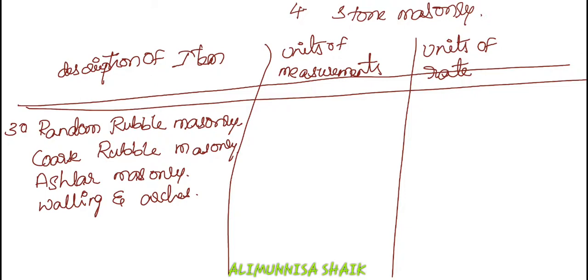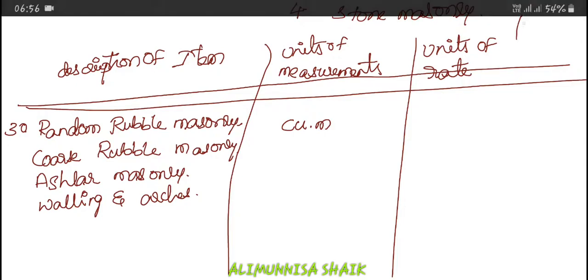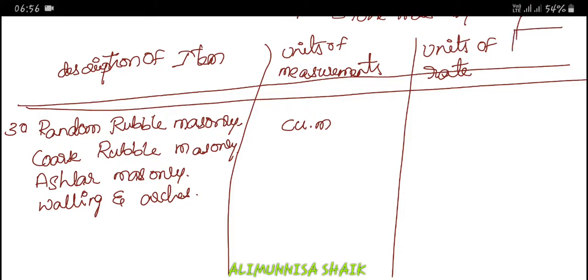For all this, the units of measurement for each and every item, all these items come under a single thing. So we consider everything as a single item. When it comes to unit of measurement, how are we going to calculate the units for this? This is basically taken in cubic meters, as a stone will definitely have the shape of a cube.